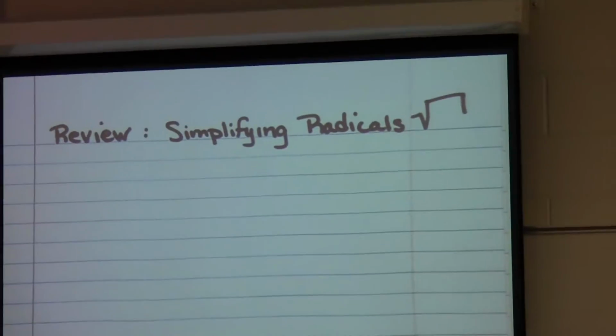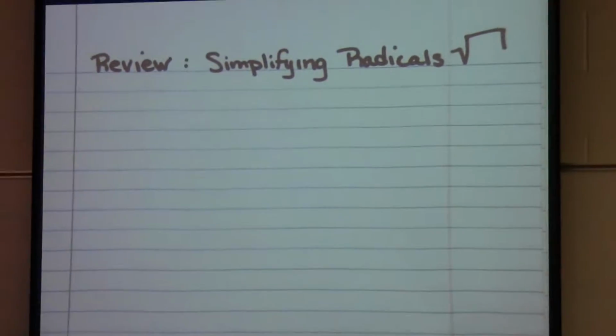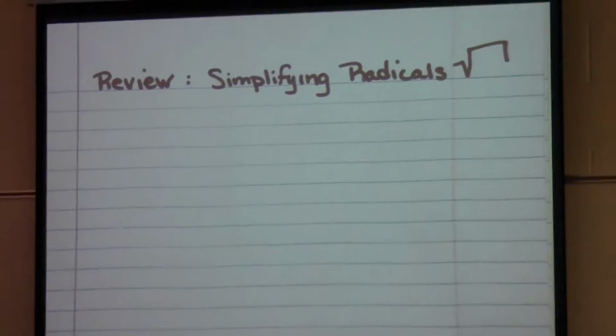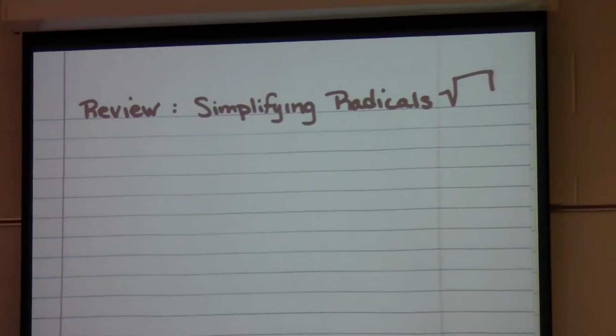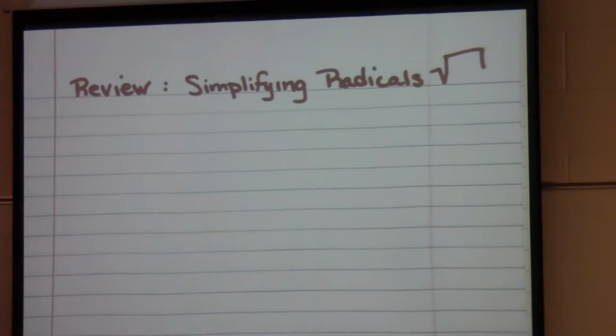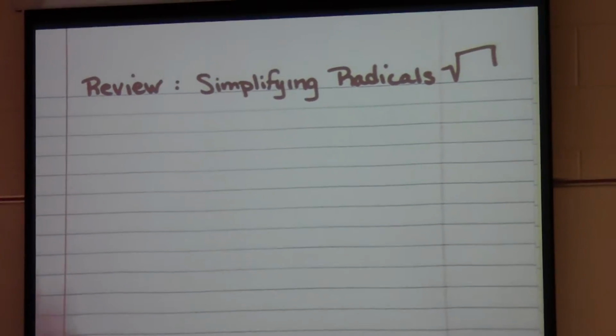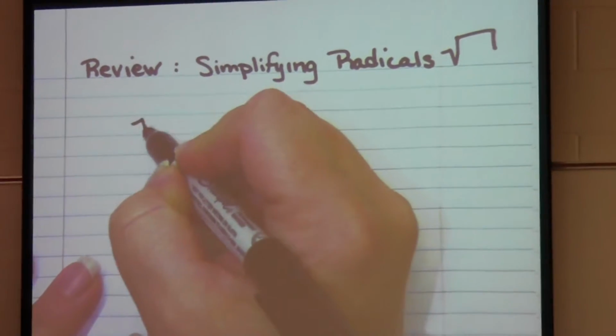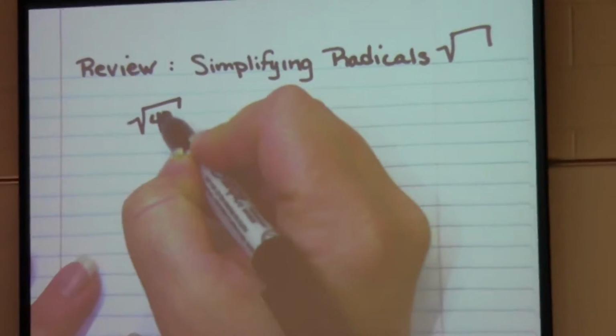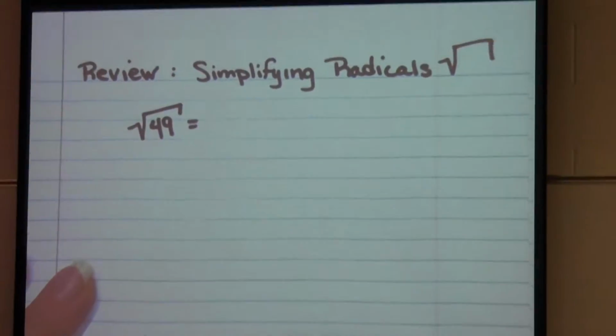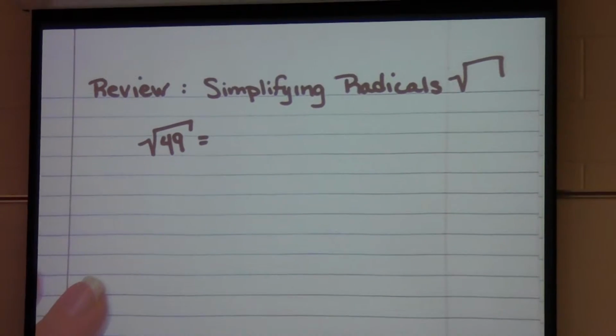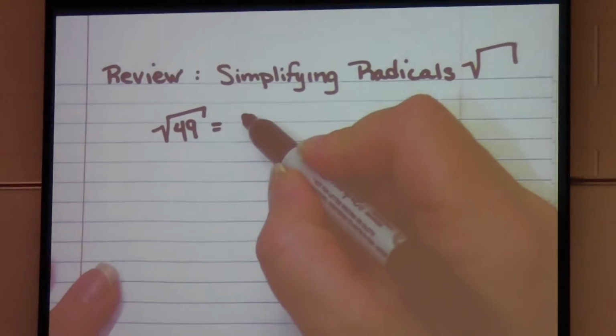And one thing that we want to be able to do is make sure that everybody knows how to simplify radicals before we get going too far into this chapter. So, if we were given the square root of 49, we would all be able to tell me that the square root of 49 is what? 7.